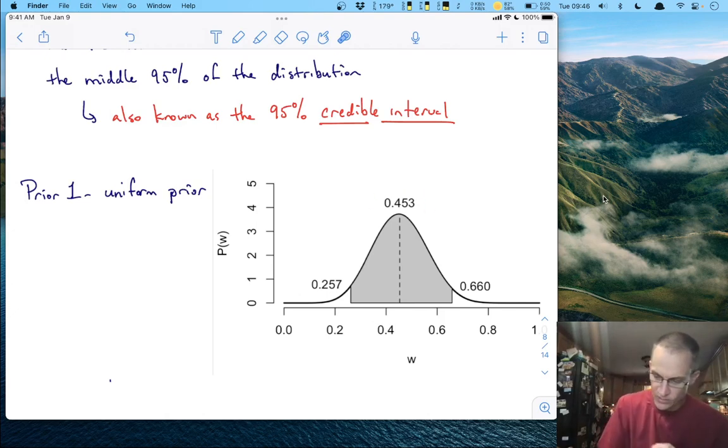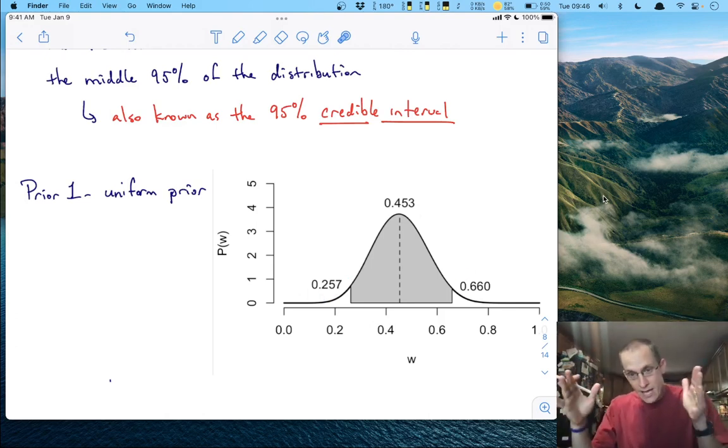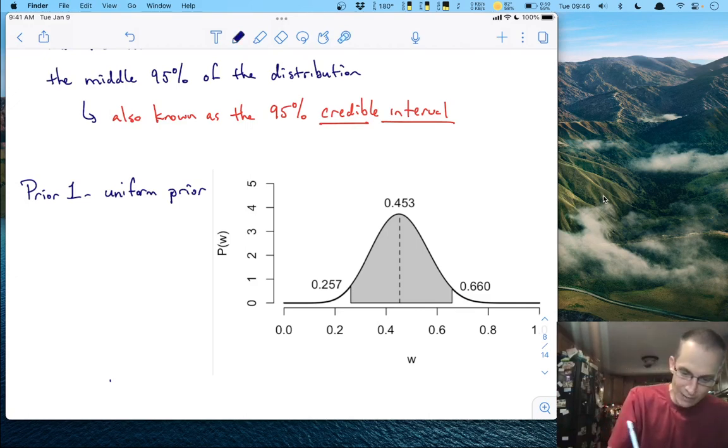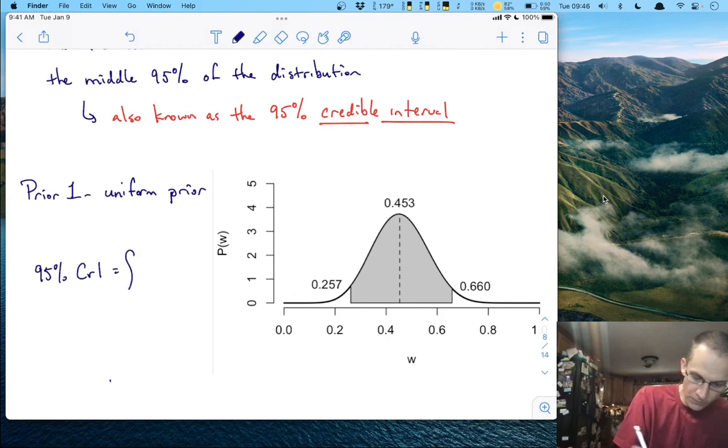These two values, 0.257 and 0.660, are the outer endpoints of your 95% credible interval. If you were writing this in a paper, you would say something like 95% CrI equals 0.257 up to 0.660.